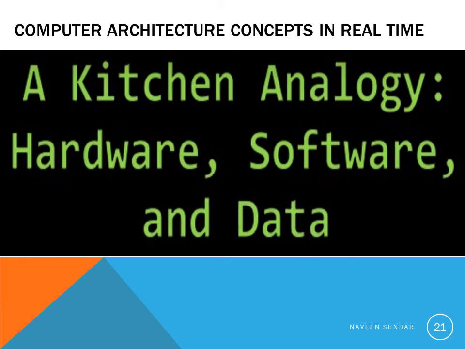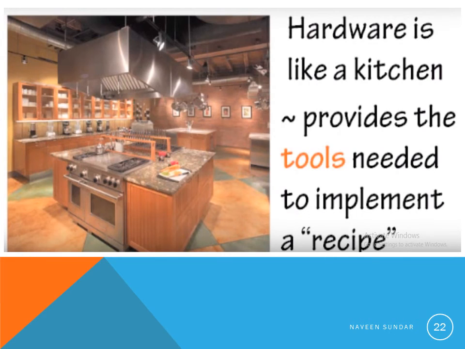Now consider a kitchen analogy for the computer architecture concepts. Till now we have seen hardware, software and how the data will be handled, and now we see these concepts in real life using a kitchen analogy. Hardware is like kitchen utensils.